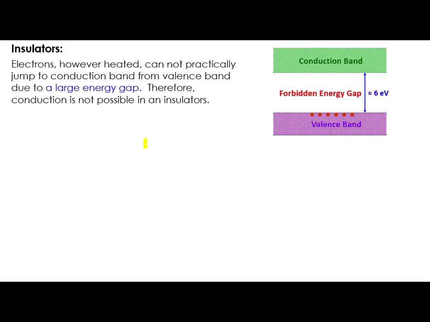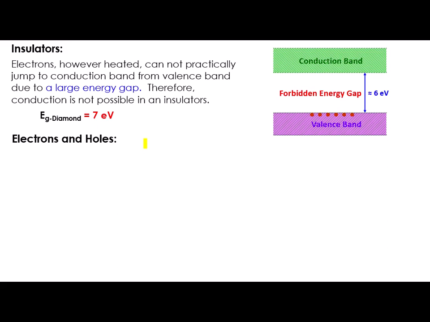That is why they are called insulators. An example of an insulator is diamond, whose band gap energy is around 7 electron volts.